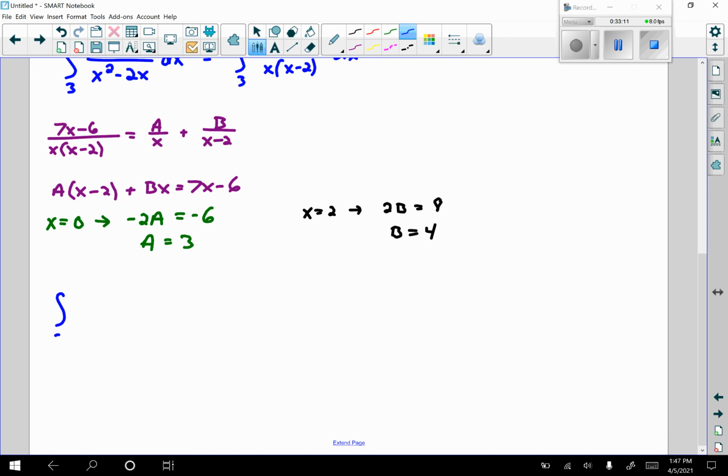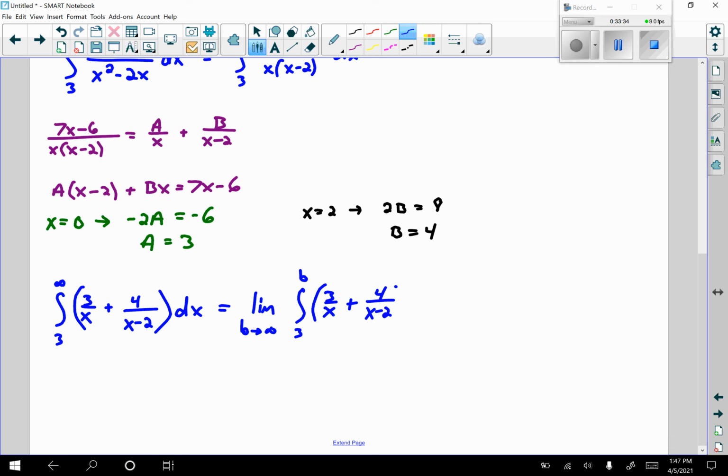So now the integral from 3 to infinity becomes 3 over x plus 4 over x minus 2 dx, and we proceed from there. Now we'll say this is the limit as b approaches infinity of the integral from 3 to b of 3 over x plus 4 over x minus 2 dx.